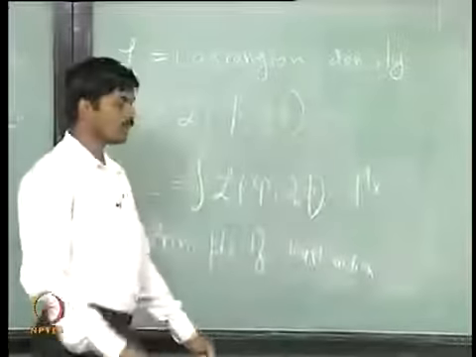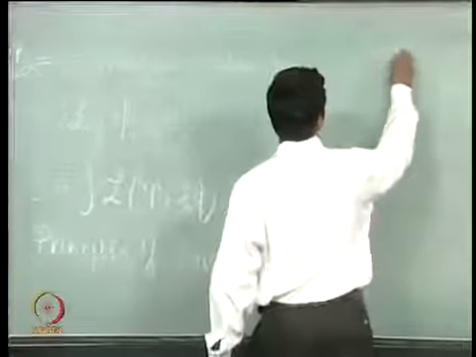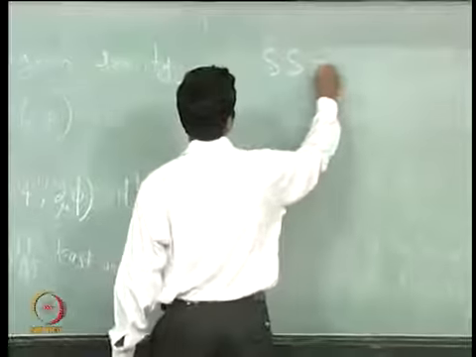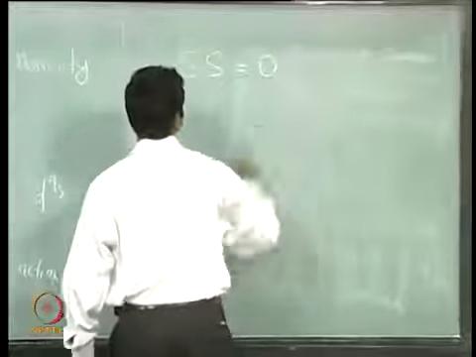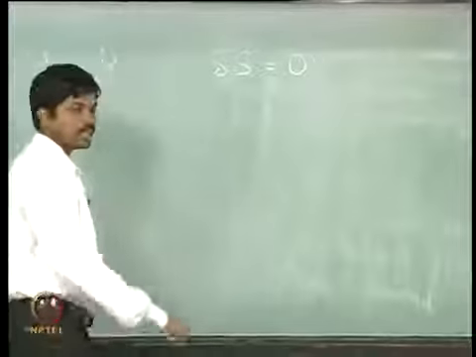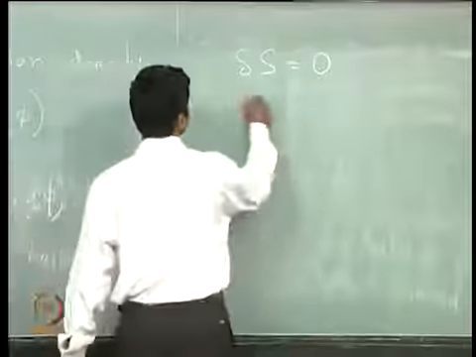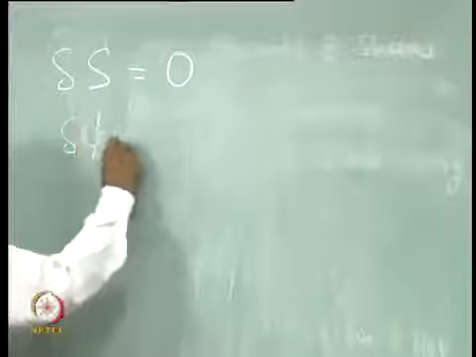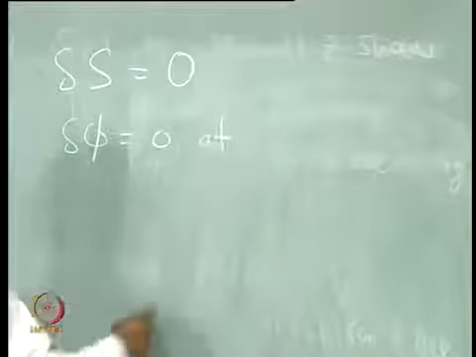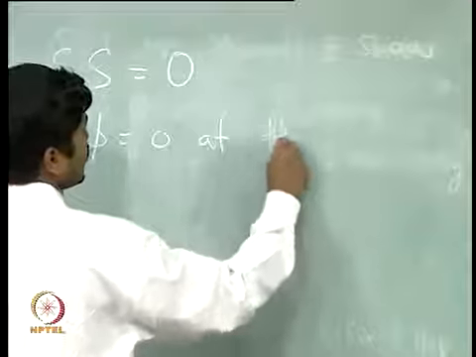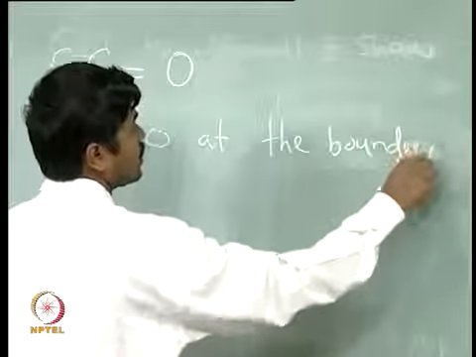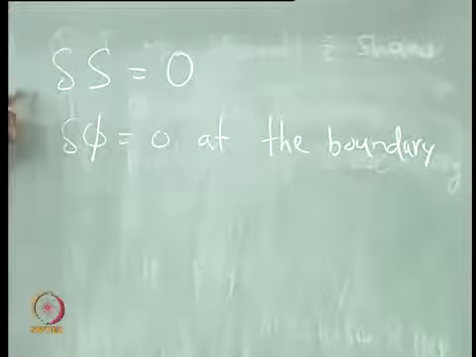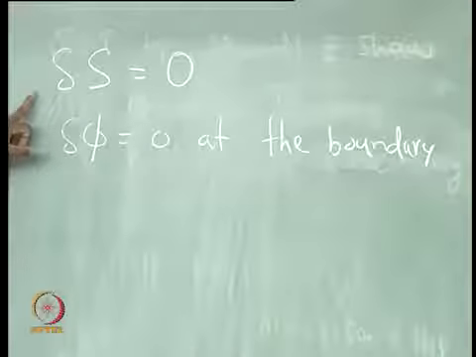So, we set the variation of the action to be 0, with the restriction that the variation of the field, delta phi, equals 0 at the boundary. This condition will give us the equations of motion.